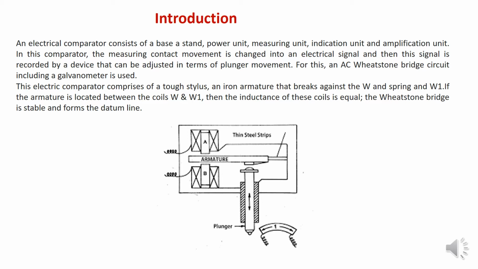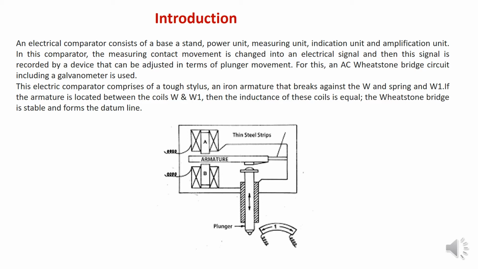In this comparator, the measuring contact movement is changed into an electrical signal, and then this signal is recorded by a device that can be adjusted in terms of plunger movement. For this, an AC Wheatstone bridge circuit including a galvanometer is used.